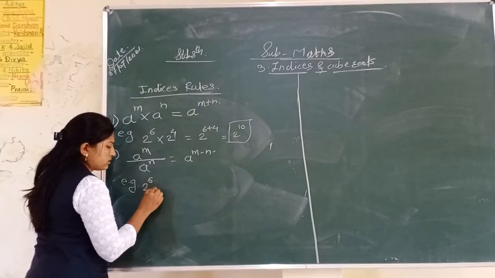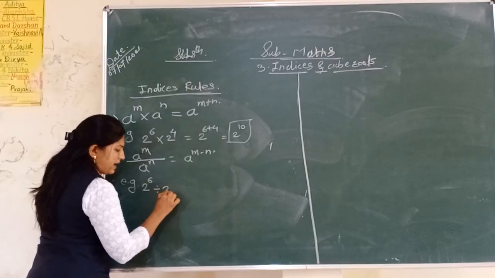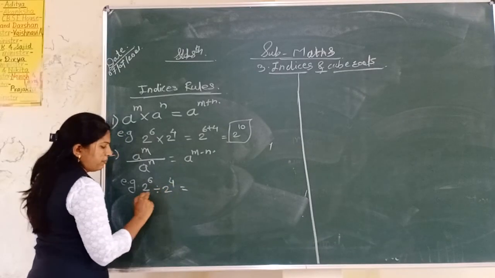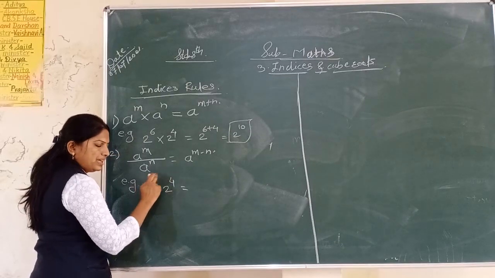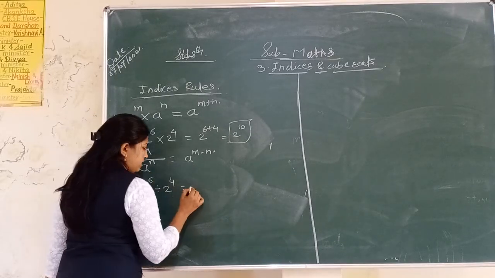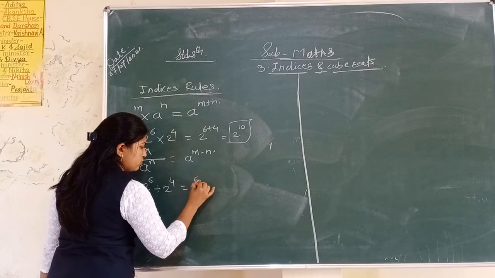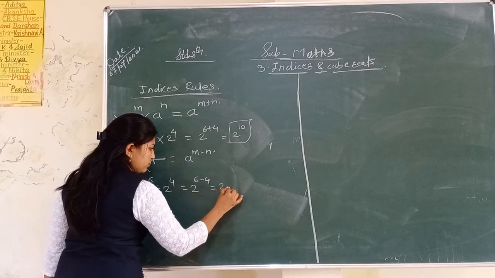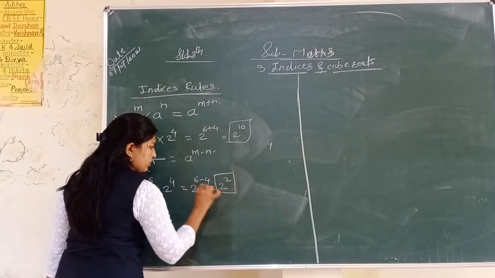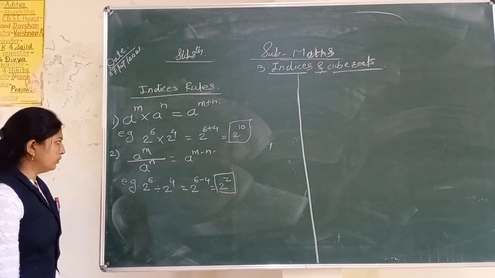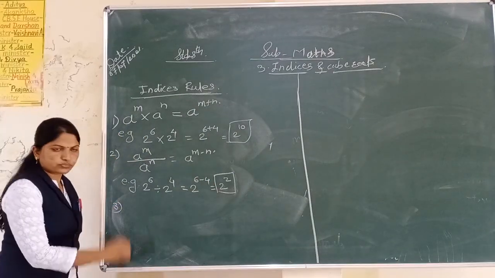See, 2 raised to 6 divided by 2 raised to 4. Bases are the same, only indices are different. So 2 raised to 6 minus 4 equals 2 raised to 2.